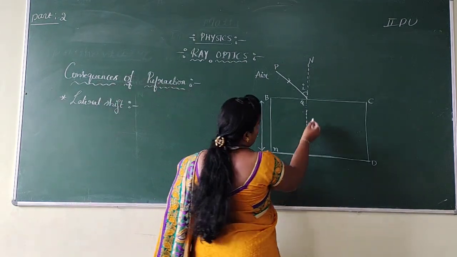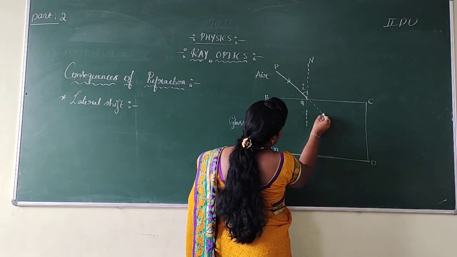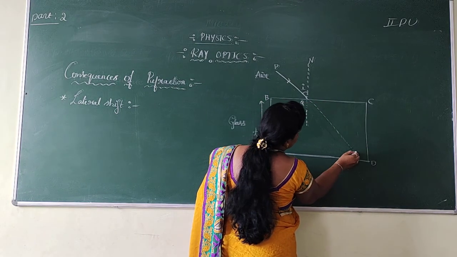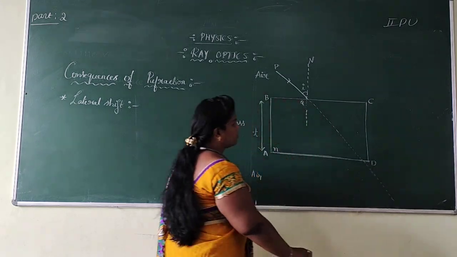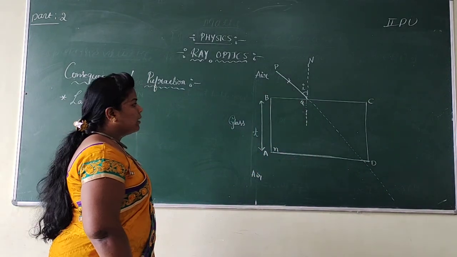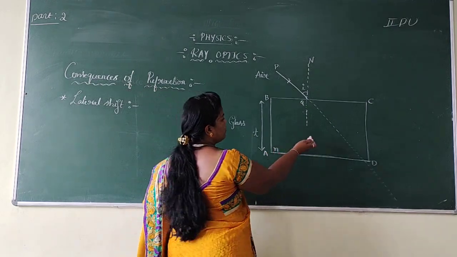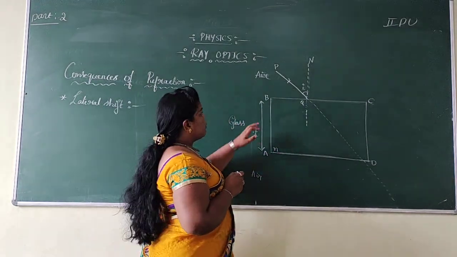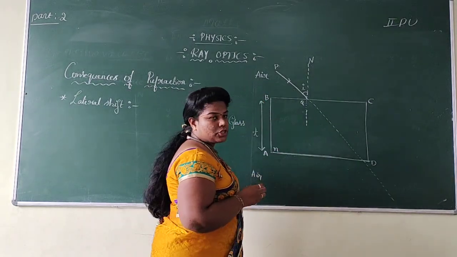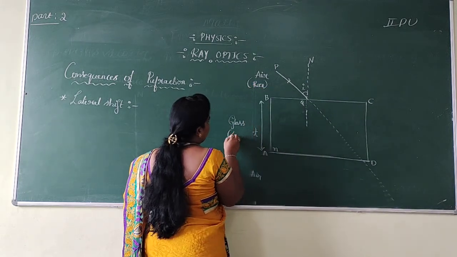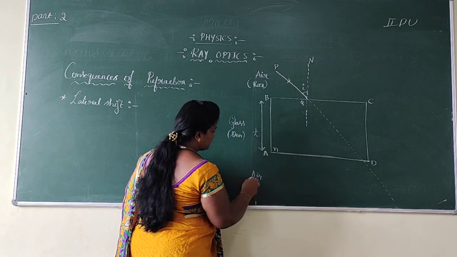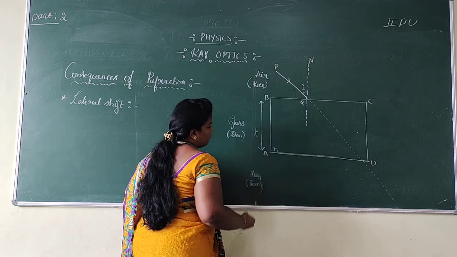Now suppose the glass medium was absent, the ray of light would travel in this direction. But due to the presence of the glass medium, the ray of light is traveling from a rarer to a denser medium. Air is the rarer medium, glass is the denser medium, and again air is the rarer medium.